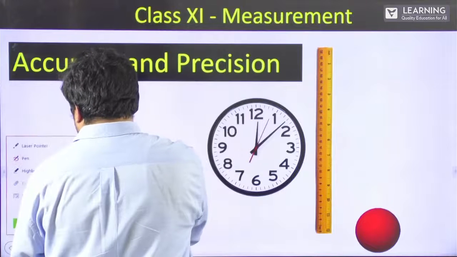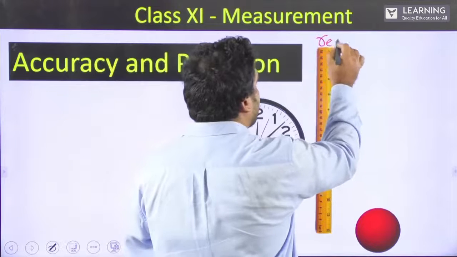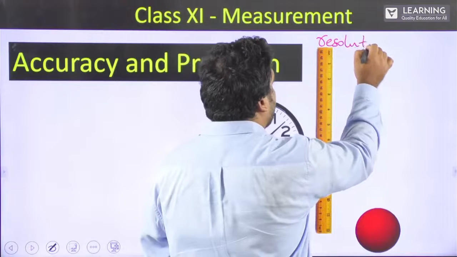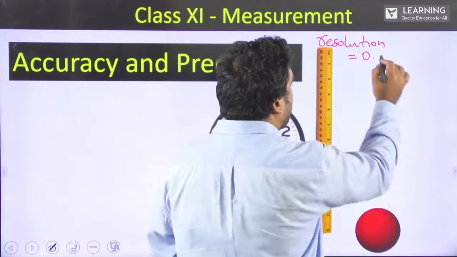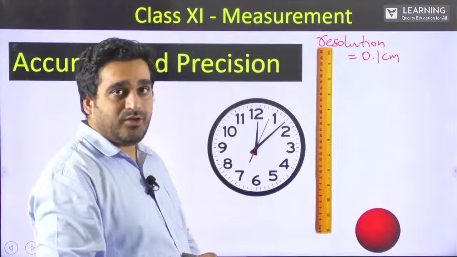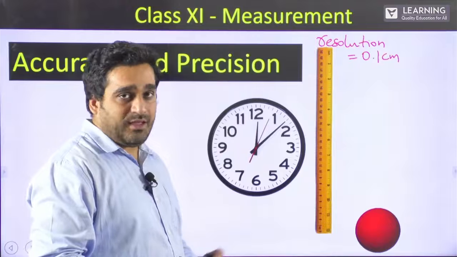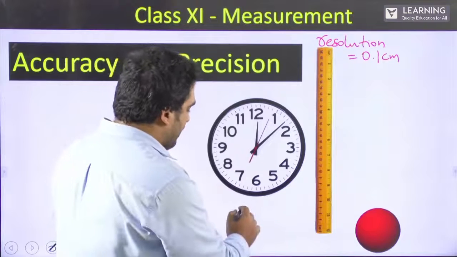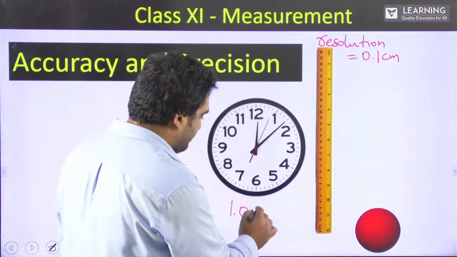So let me make a note of that: the resolution of this ruler is only up to 0.1 centimeter. On the other hand, if you're using a clock, the resolution would be only about 1 second.